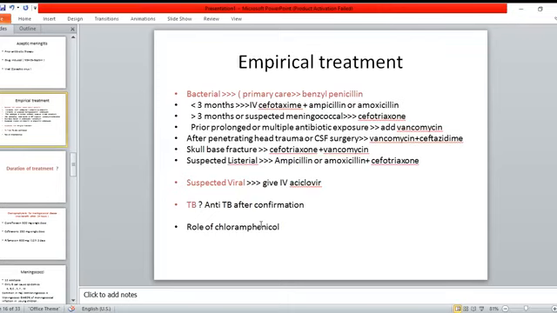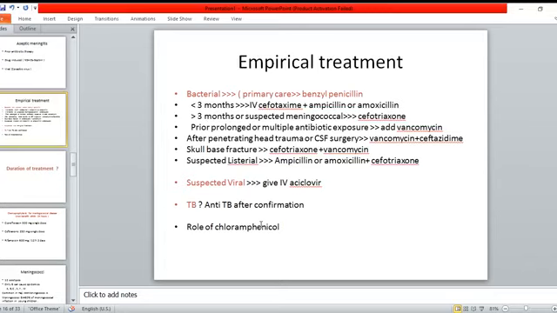What is the difference? The difference here: you don't give ceftriaxone in the preterm babies, below 3 months, and if these babies have shown some jaundice, we don't give ceftriaxone and we give cefotaxime. If it's full term and no jaundice, you can still give ceftriaxone.